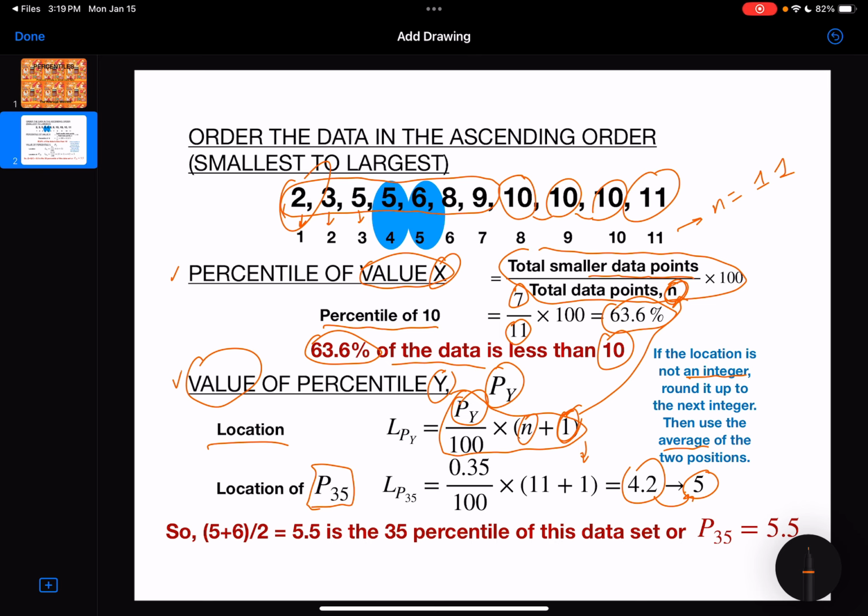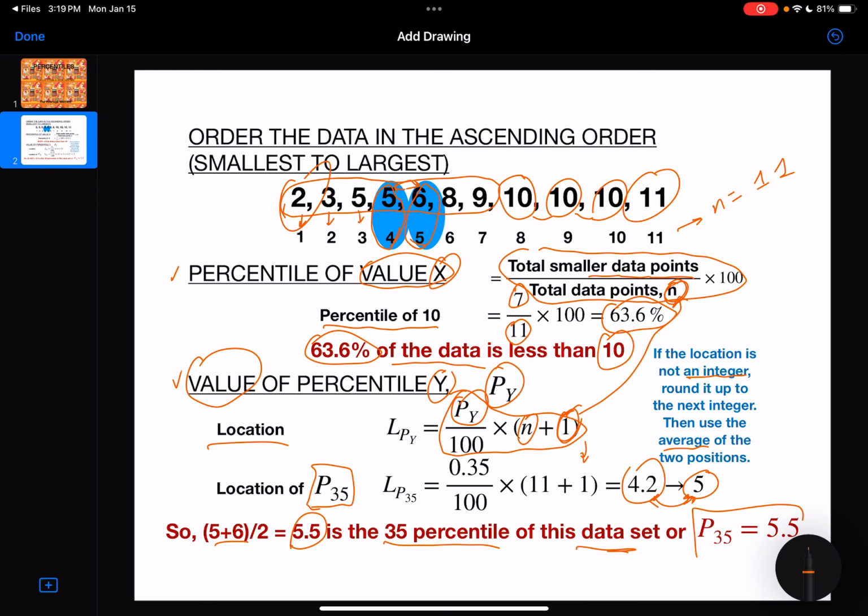And then we're going to find the average of these two positions, 4th and 5th. So position 4 is here, position 5 is here. So we find the average of 5 plus 6 divided by 2 to get 5.5. So the answer for this question is 5.5 for the 35th percentile of this data set.